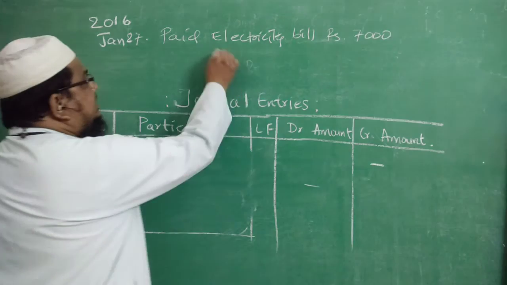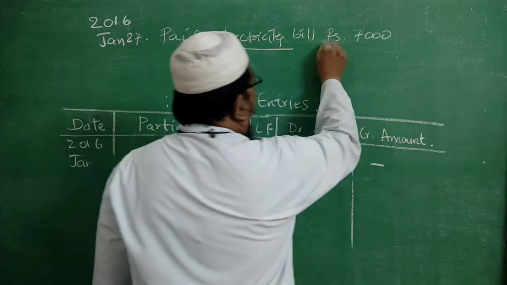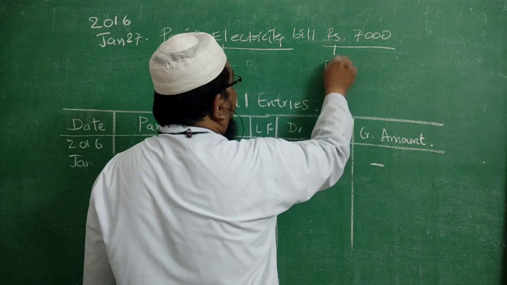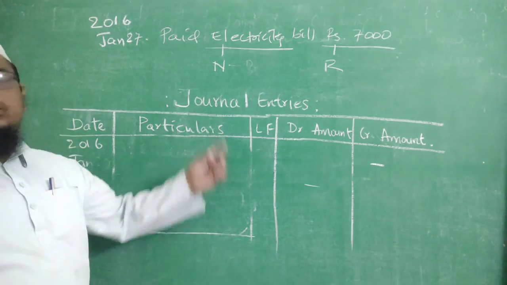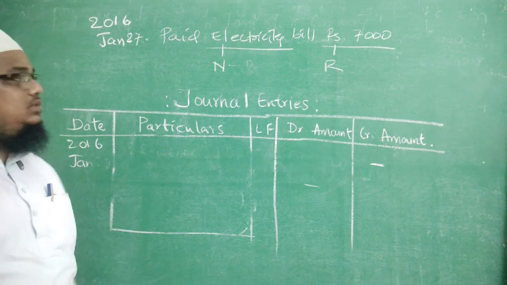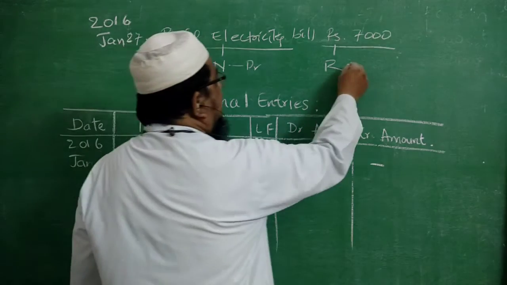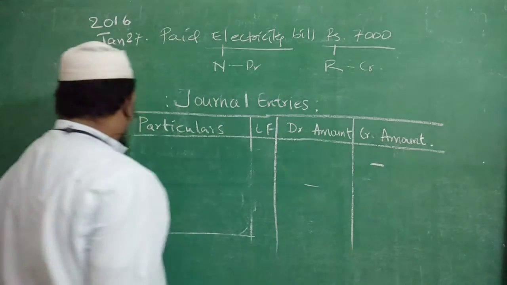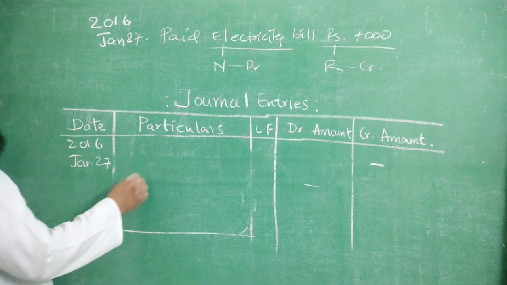Electricity bill is an expenditure, so this comes under nominal account, and rupees 7,000 comes under real account. It is cash. Now here, nominal account rule: debit all expenses and losses. So we are going to debit electricity bill, and the cash is going out. We are going to credit this.